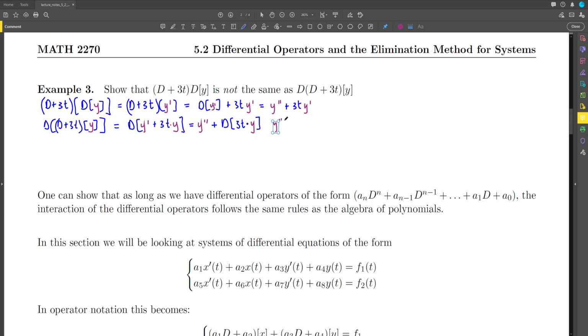And so for the second part, we get plus 3t times y prime, and then plus the derivative of 3t, that's 3 times y.